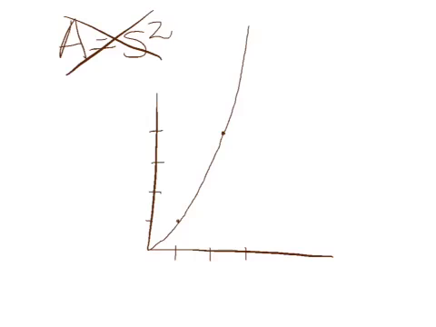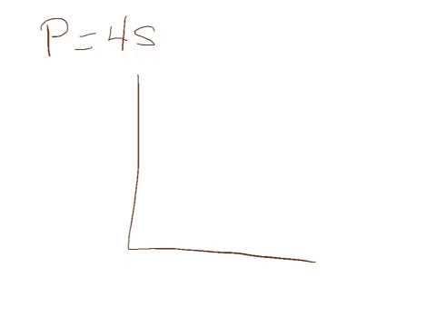Let's look at the third one. Hopefully we can find one of these relationships which is an example of a direct variation. The perimeter of a square is equal to 4 times the length of its side. Alright, well, let's graph this one. If the side length is 1, then the perimeter of the square is 4.